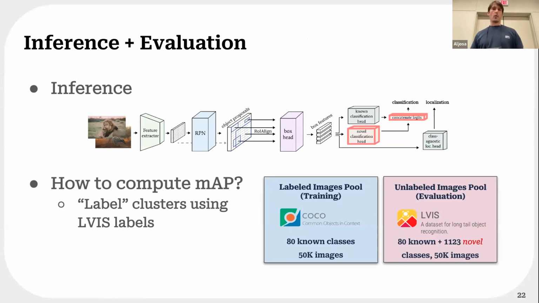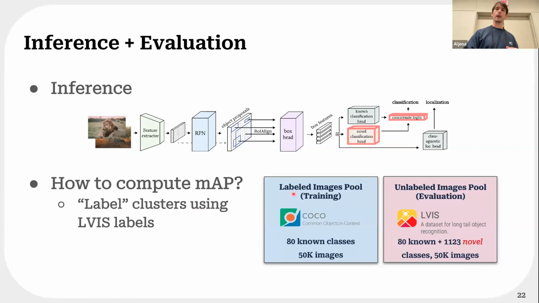Right, so I want to talk now a bit about results. First, at inference time, this is quite similar to vanilla Faster R-CNN. We have two classification heads, so we're going to push region proposals through both, concatenate logits, and then get the class assigned via softmax. Now, to evaluate mAP, first I have to explain this.